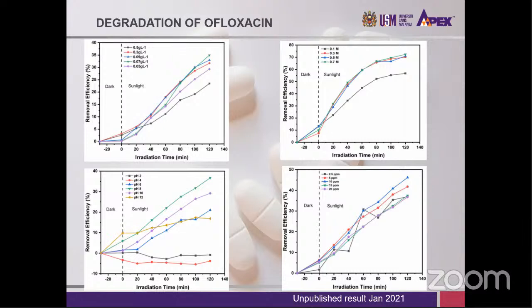So in our recent work, we can see that it can degrade up to almost 75%, and it's still undergoing. All right, so I think I covered everything from the controlled growth mechanisms up to the performance.